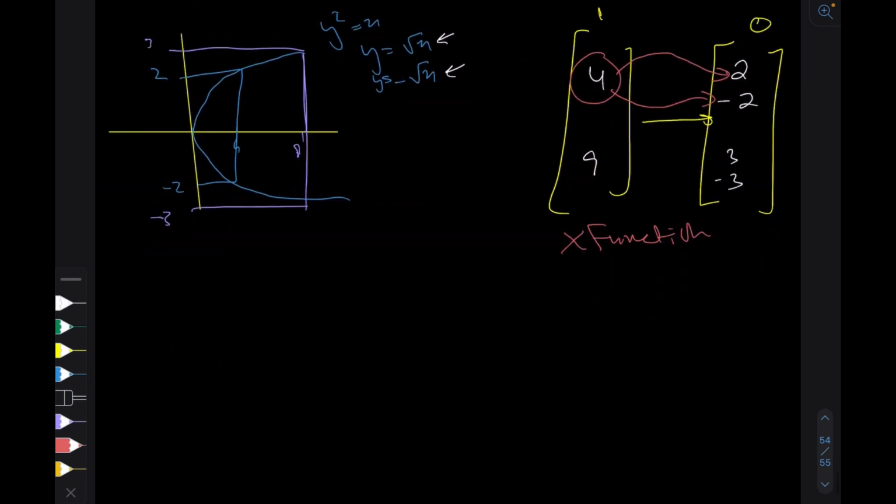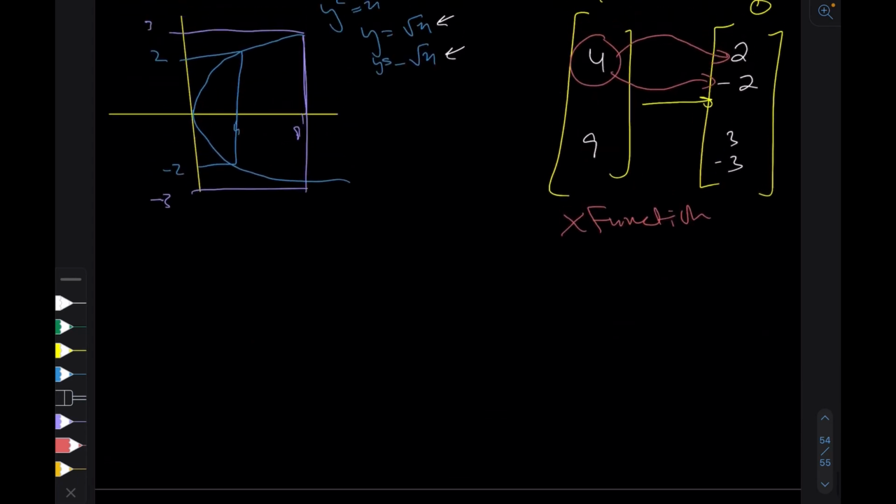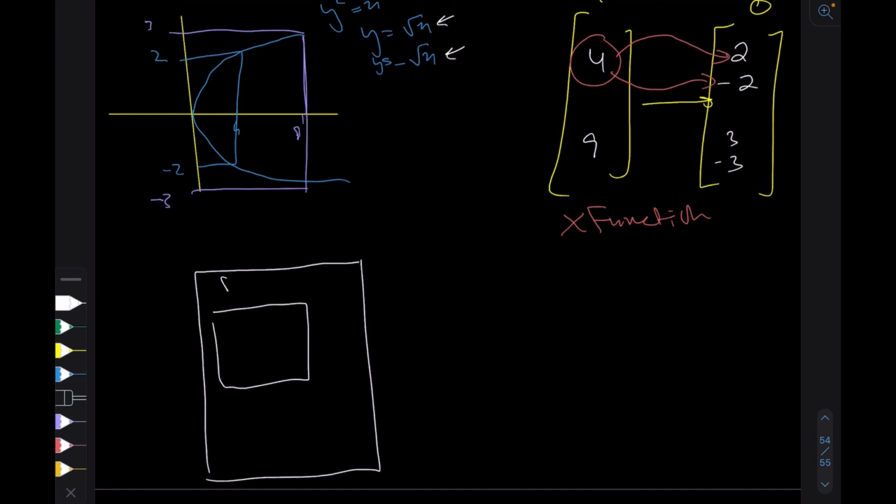And maybe to draw some analogy that might help you remember, think of the function as some vending machine. This is our vending machine. Let's call it a function. And there are keys over here: 1, 2, 3, 4, 5, 6, 7, 8, 9, all the way till 9. And you put your money in here.